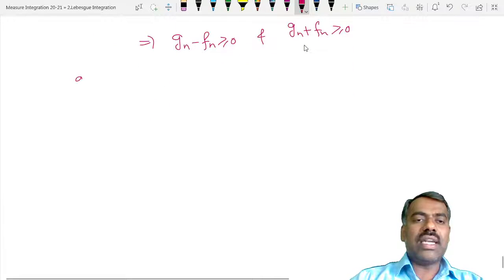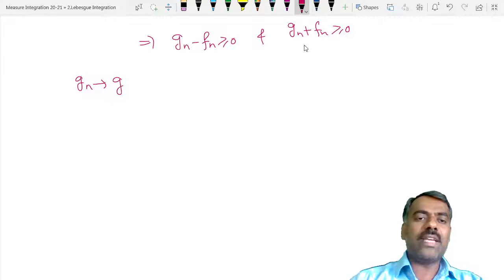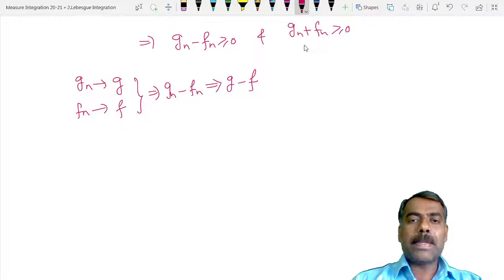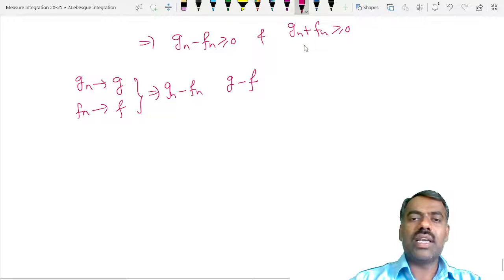Now also gn converges to g, and fn converges to f. This implies gn minus fn converges to g minus f. So therefore you have non-negative measurable functions gn minus fn converging to g minus f, right?